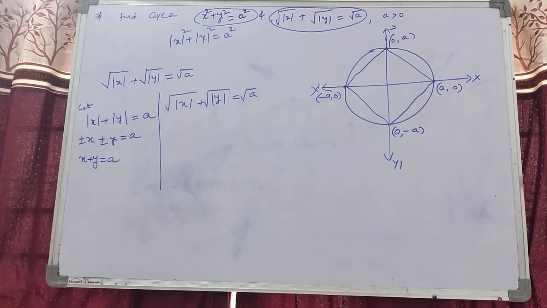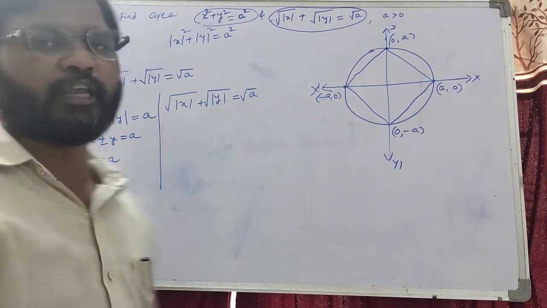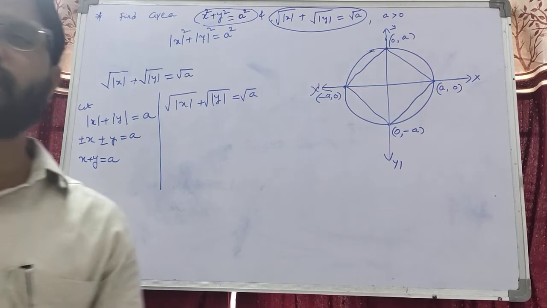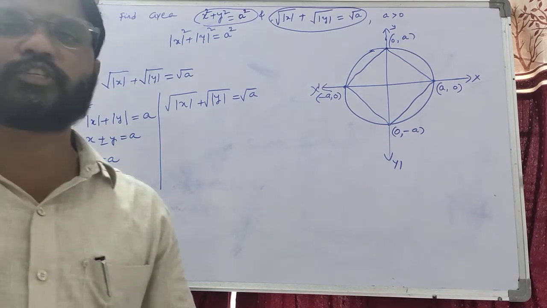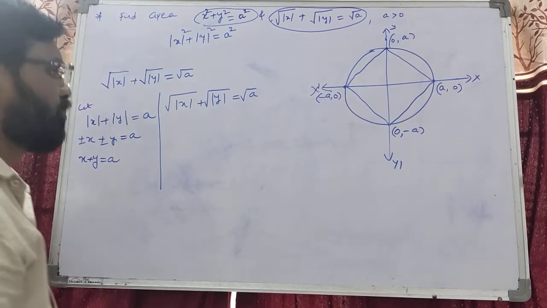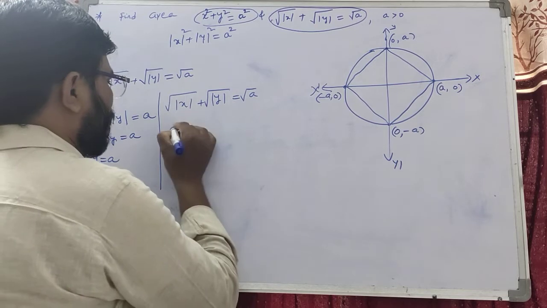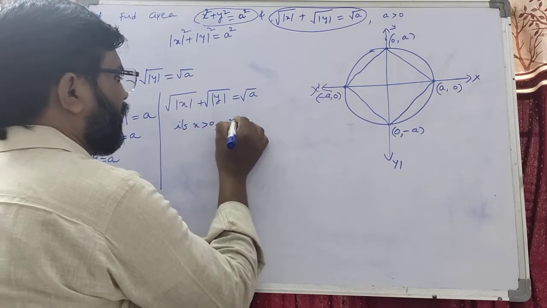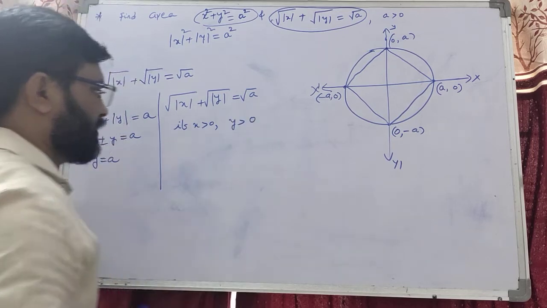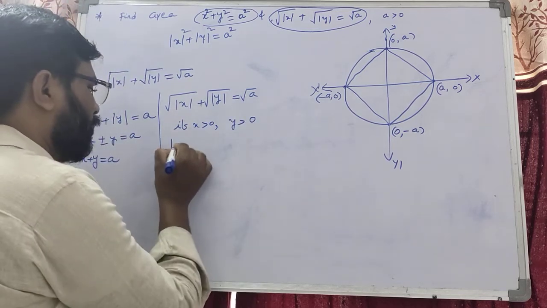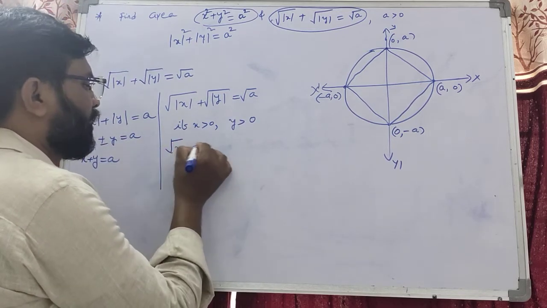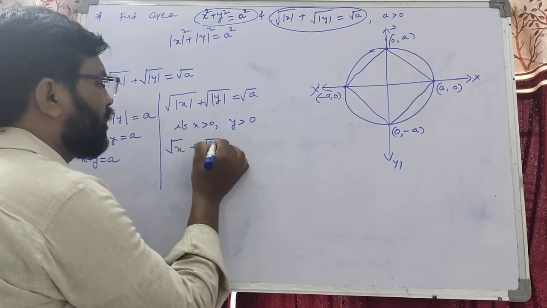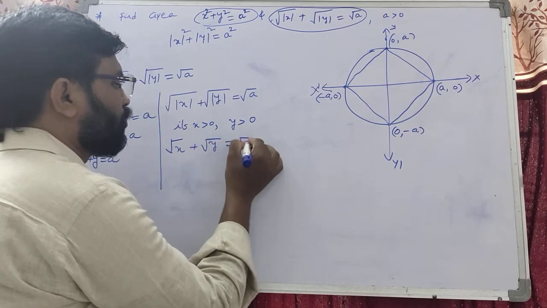Suppose we first find the area of the first quadrant, then multiply it by 4 times. So in the first quadrant, if x is greater than 0 and y is greater than 0, we get root of x plus root of y equals root a.